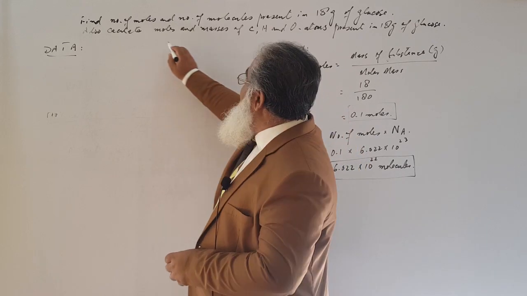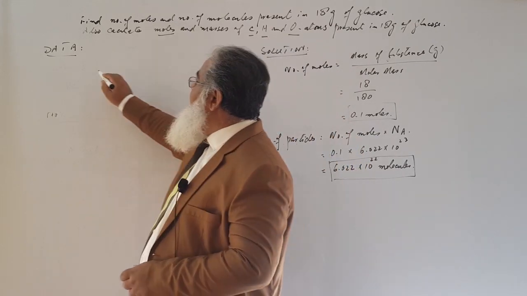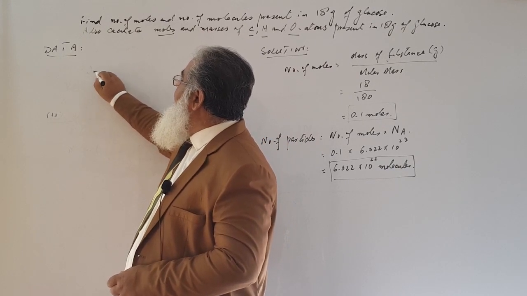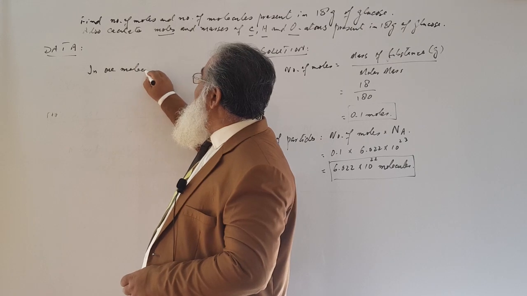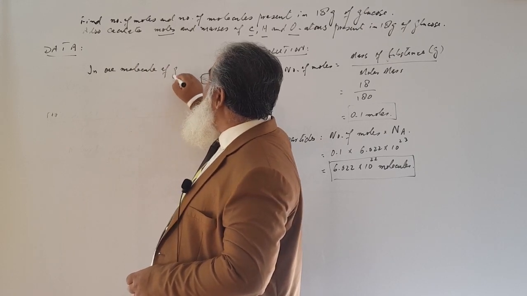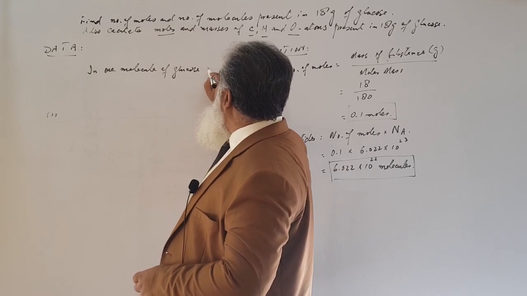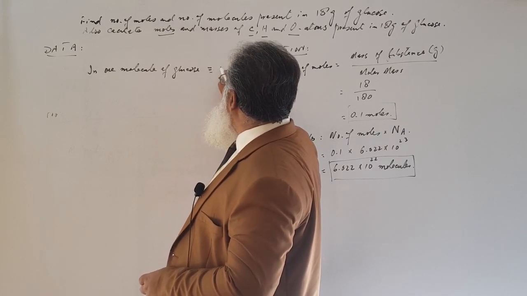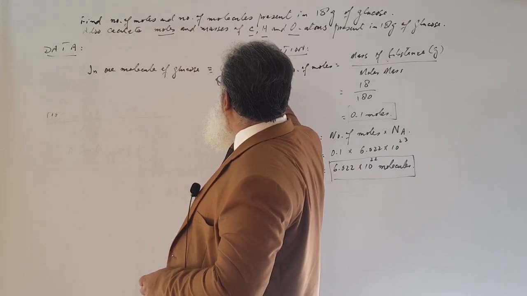In order to find moles of carbon, hydrogen, and oxygen atoms, we can see in one molecule of glucose there are 6 atoms of carbon.